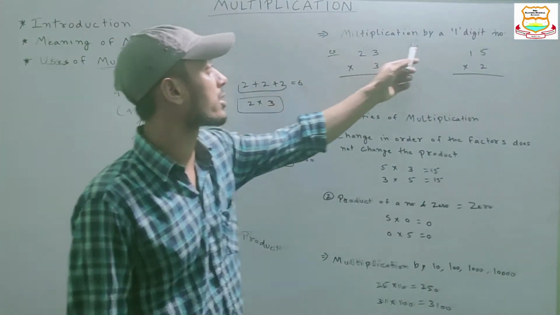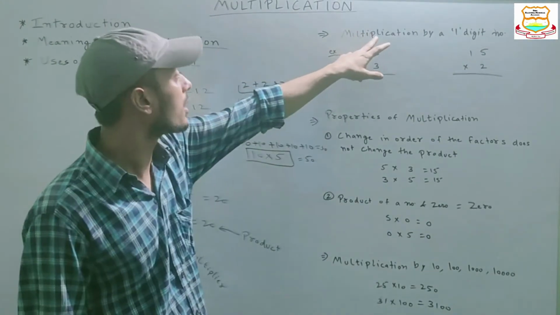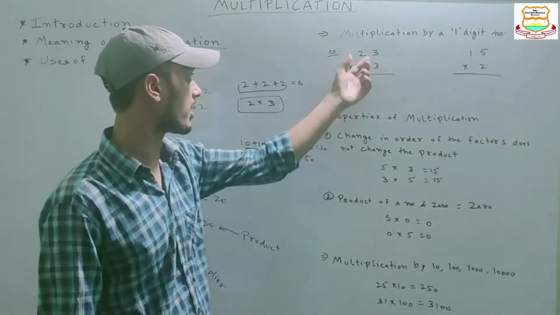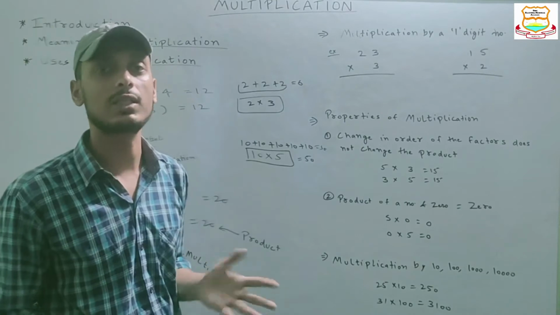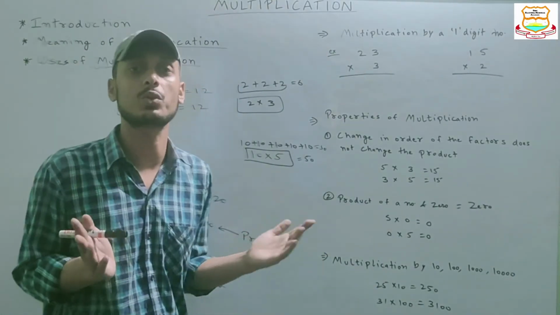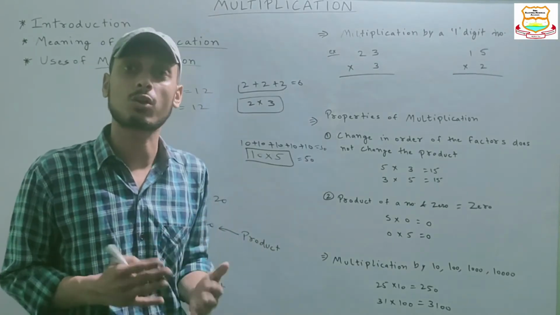So let us proceed to the next topic. The next topic is multiplication by a one digit number. Means we are multiplying some number by a single digit number. Let us see what is the rule. What is the procedure? Every operation has some rule.